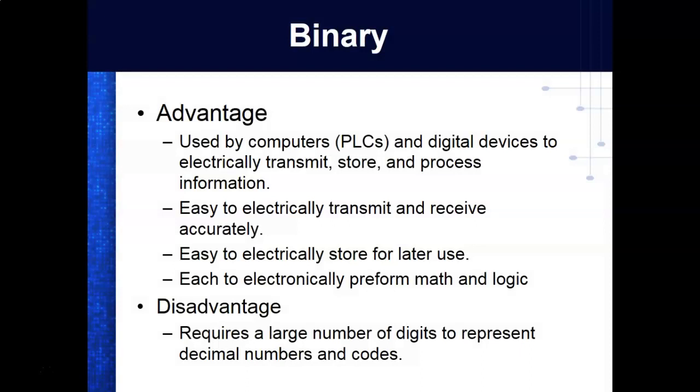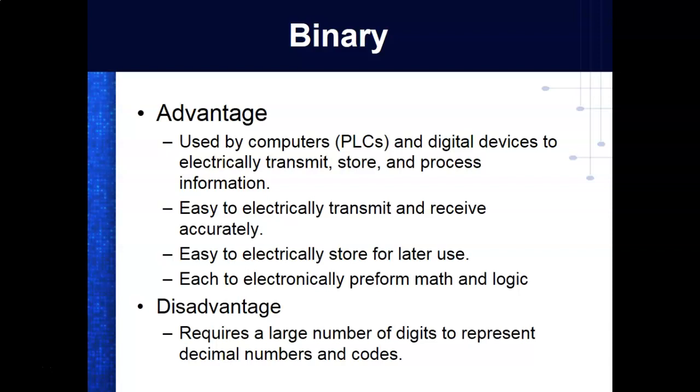Binary is used by computers and digital devices to electrically transmit, store, and process information. It's easy to electronically transmit and be received accurately, easy to electrically store for later use, and easy to electronically perform math and logic.